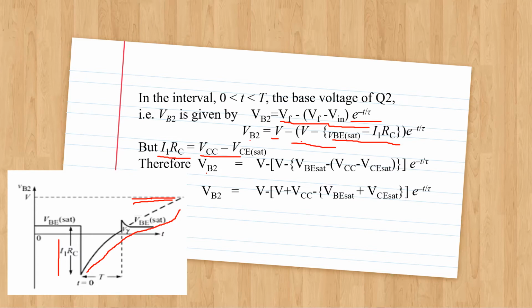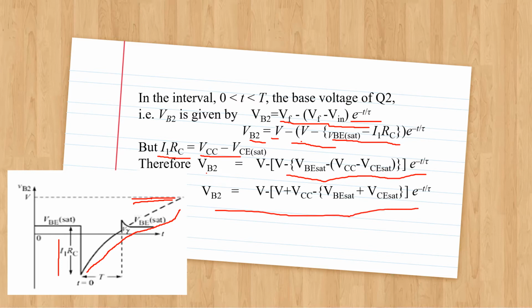Then we will get VB2 equals V minus bracket V minus VB sat minus. Just expand this equation, so we will get this expression. Then VB2 equals V minus of minus VCC, so you can write plus V plus VCC minus VB sat plus VC sat into e power minus t by tau.